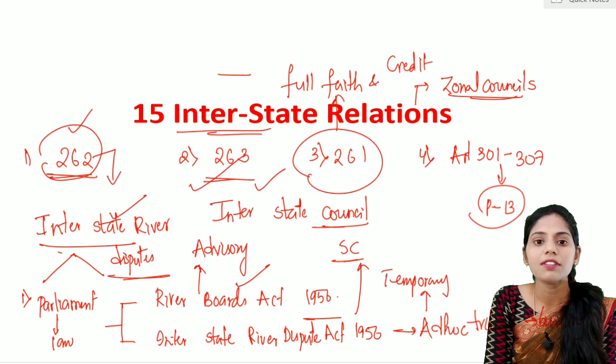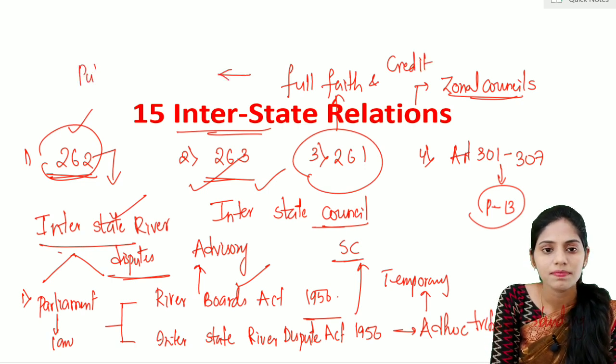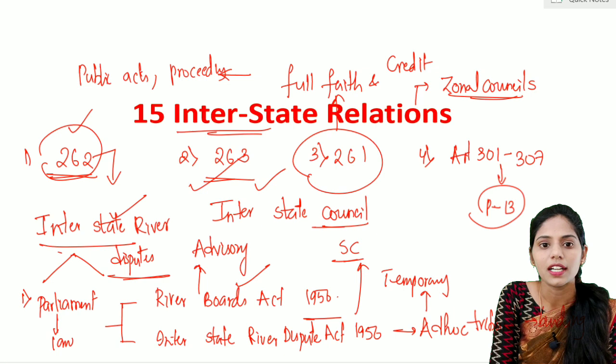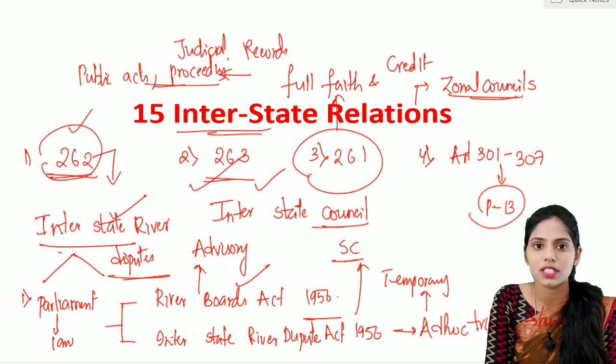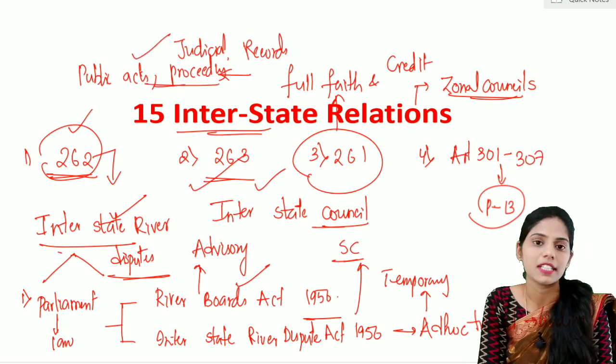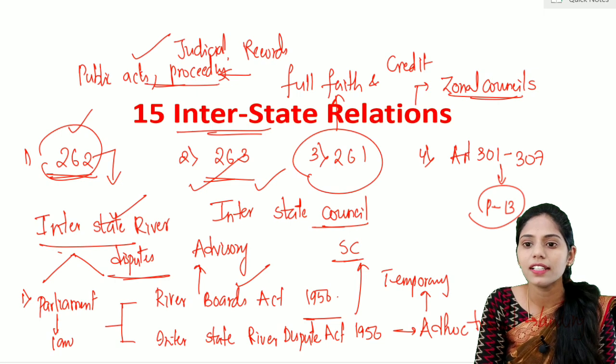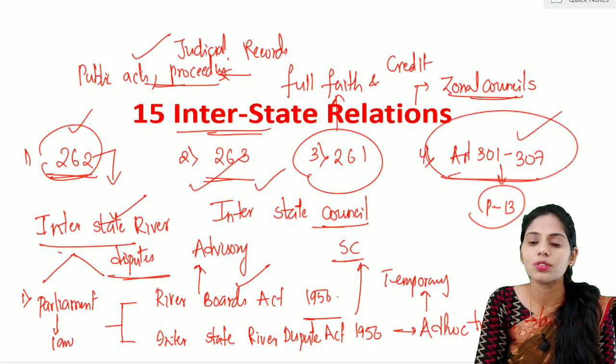It is mainly regarding public acts, proceedings, that is judicial proceedings, and also records. We are going to discuss this full faith and credit in detail in this lecture. And the next one is Article 301 to 307.